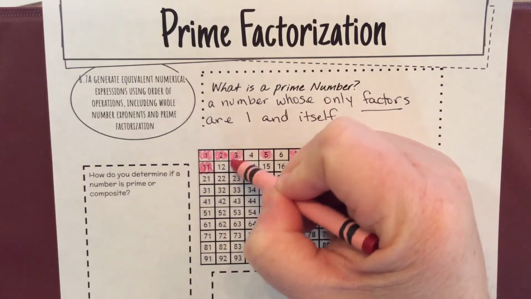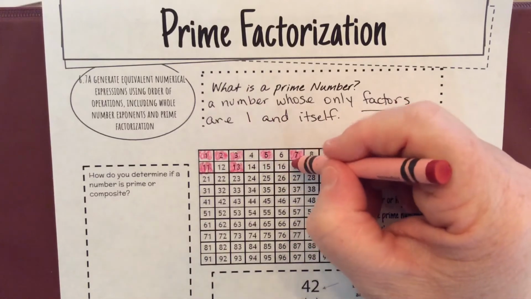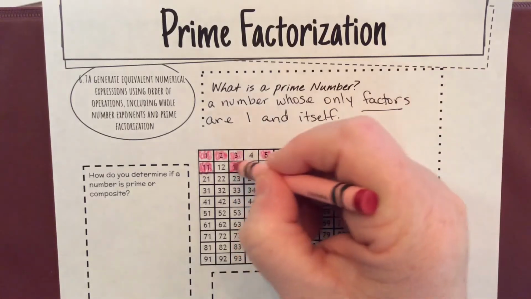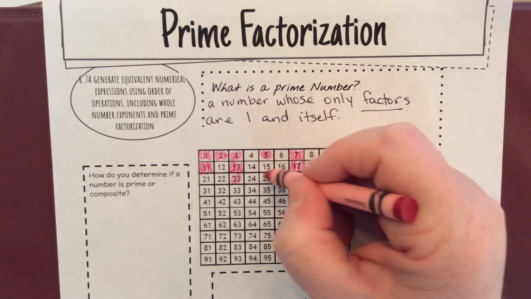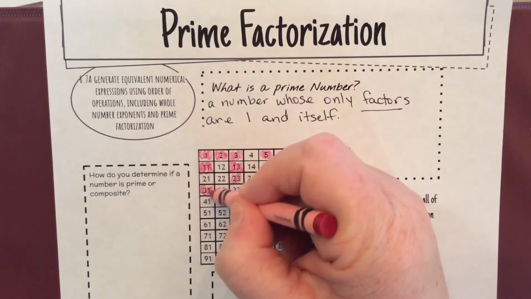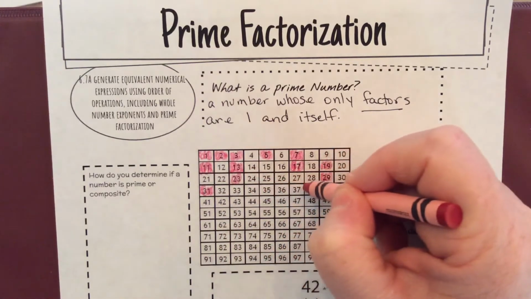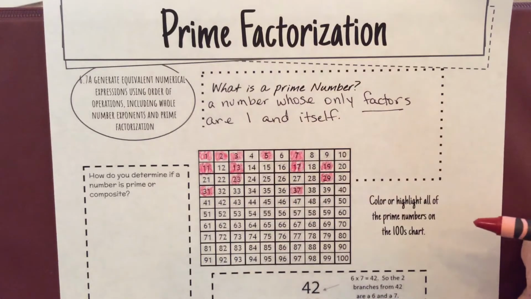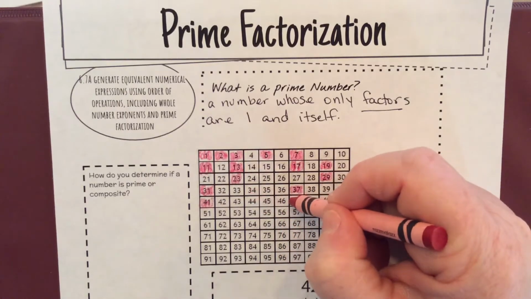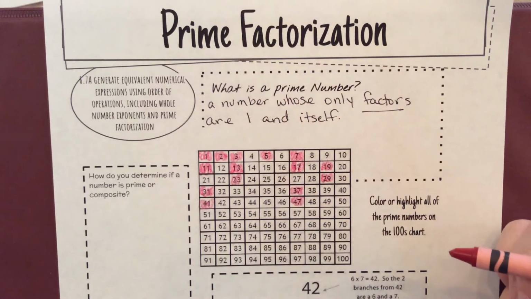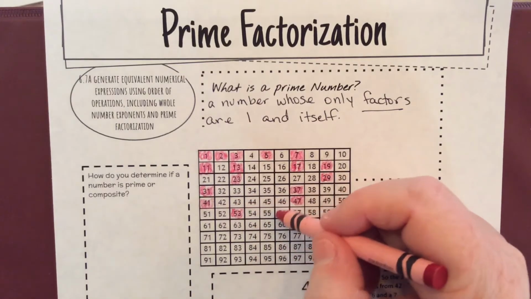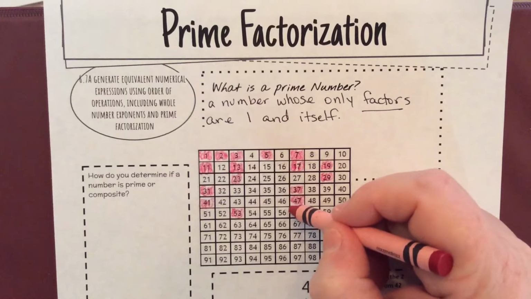So 11, 13, 17 is prime, 19 is prime, 23 is prime, 29 is prime, 31, 37, 41, 47, 53, is 57 prime?